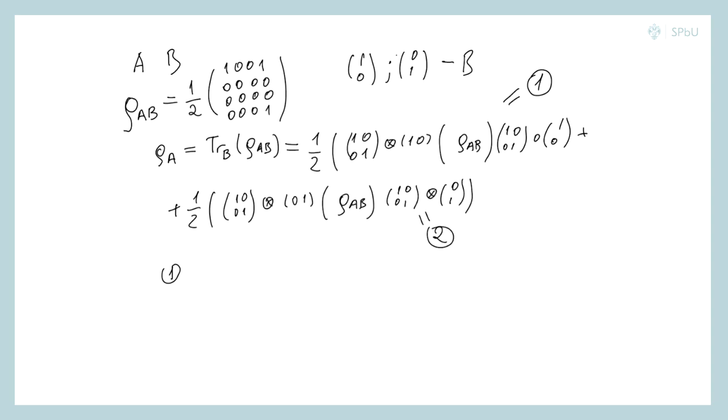The first term is equal to (1, 0, 0, 0; 0, 0, 1, 0). It's the tensor product of the identity matrix and the first basis vector, then the density matrix rho AB, and then the tensor product on the right.